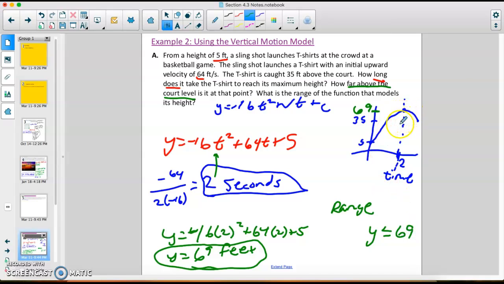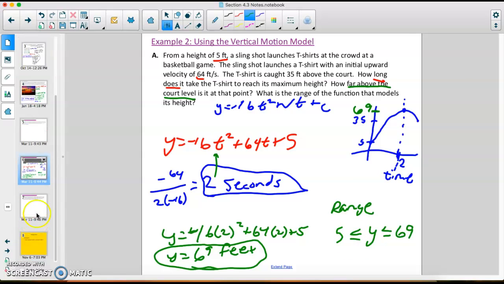But if you notice, our graph only goes down to 5, doesn't it? It never drops below 5. It starts at 5, it goes up, and then it stops at 35. And so we actually have to add a little piece: it also has to be greater than or equal to 5, because it's never going to drop below that.